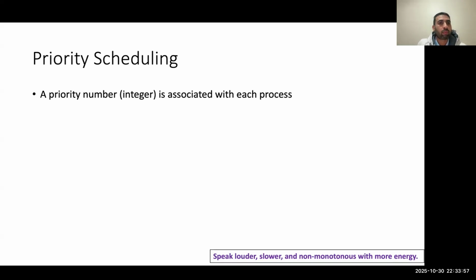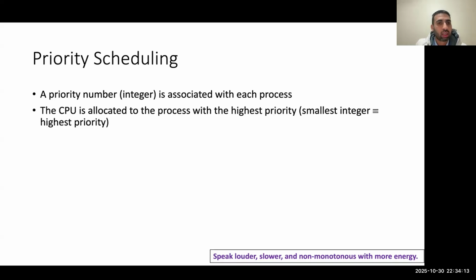With each process we can associate a priority, by specifying a priority number, which is just an integer, and it tells what is the priority level of that particular process, right?